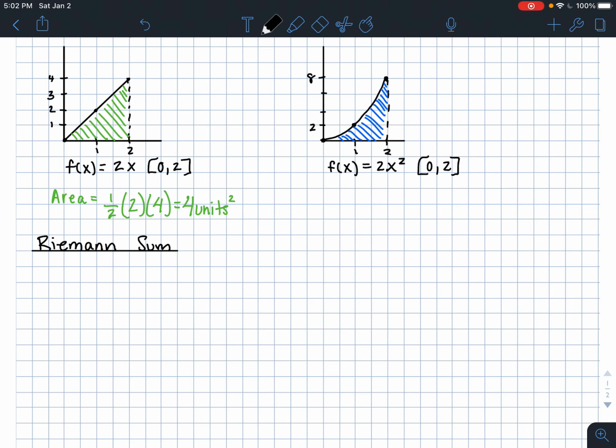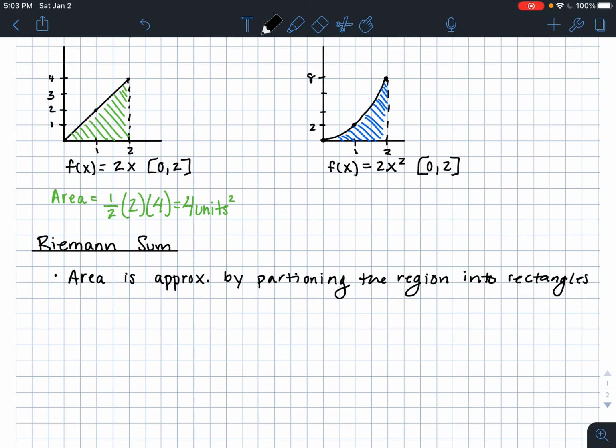So a Riemann sum is named for 19th century German mathematician Bernhard Riemann, and it's used to approximate area. So the area under a curve is approximated by partitioning the region into rectangles.